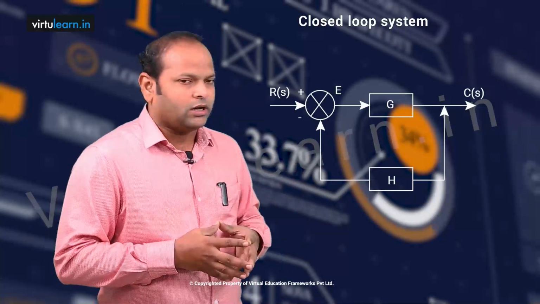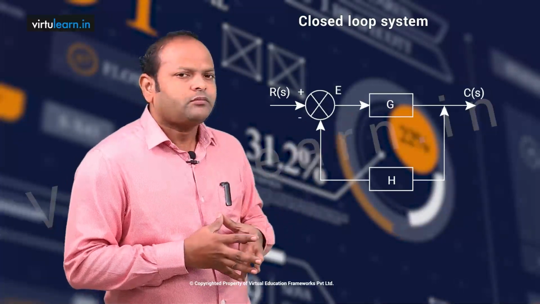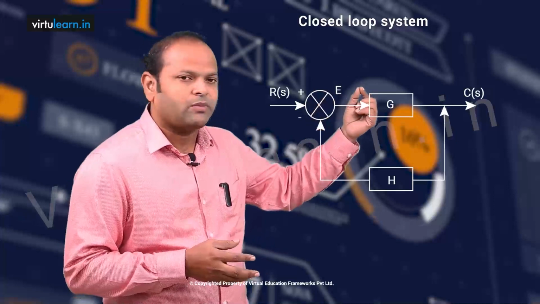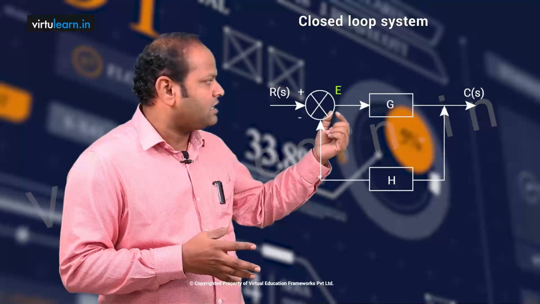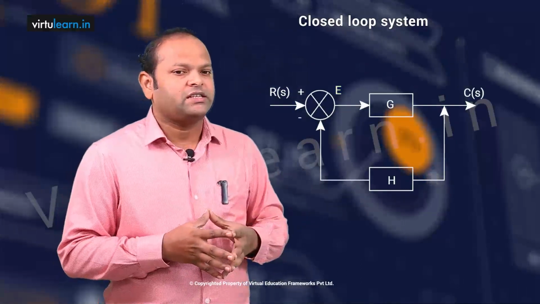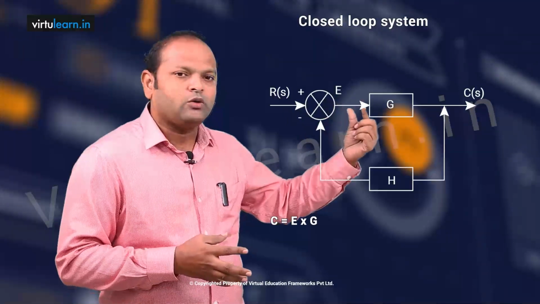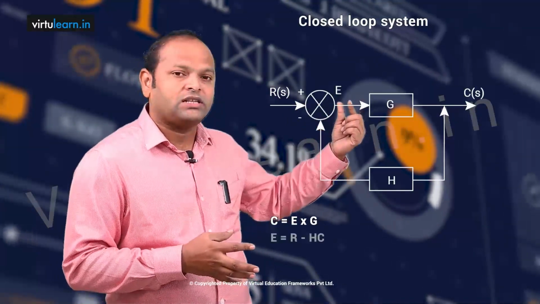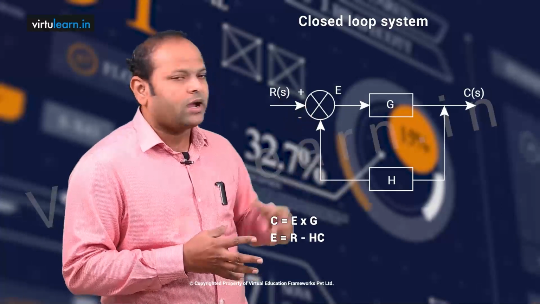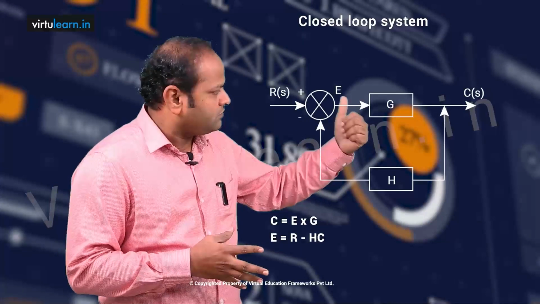Right. So how to do that? Let us take intermediate signals in this block diagram. The first signal which I am taking after the summing point is E, and after this feedback H, I am taking it as B. Then we can write very easily what is the output C. C is nothing but E into G. Then what will be the C again? What is E? E is nothing but R minus B, or R minus H into C. Then we can substitute here.